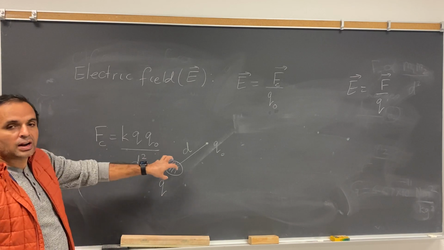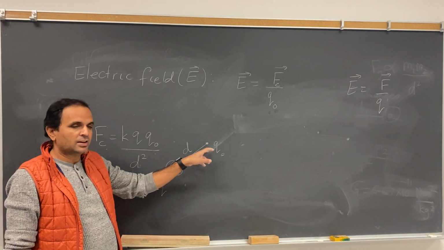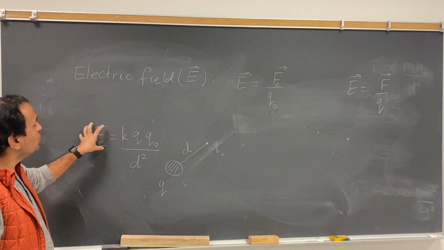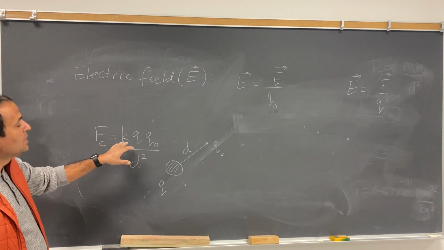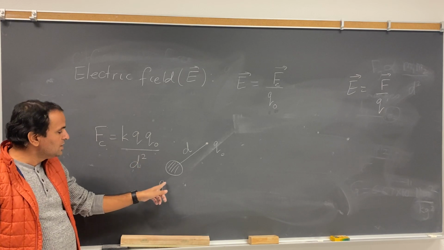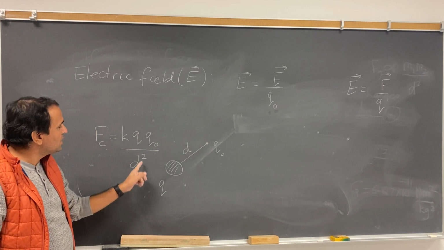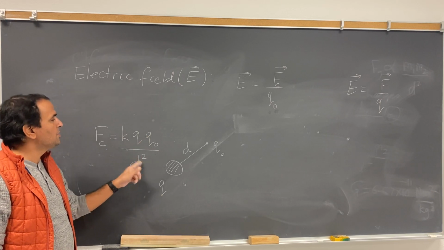So if you want to figure out the force between these two charged particles, the source charge and the test charge, the Coulomb force is K, the Coulomb constant, times Q1, which is Q, times Q2, which is Q0, divided by D square.